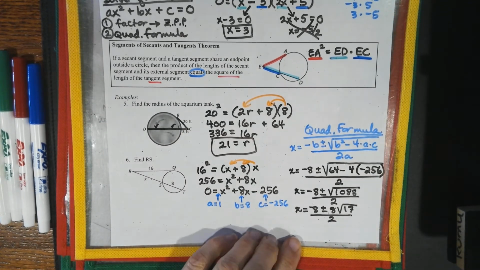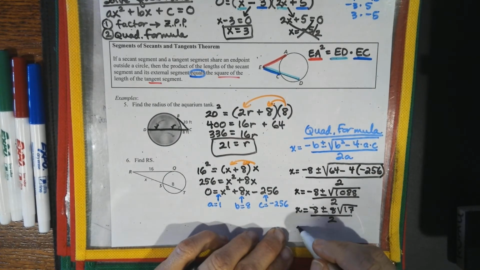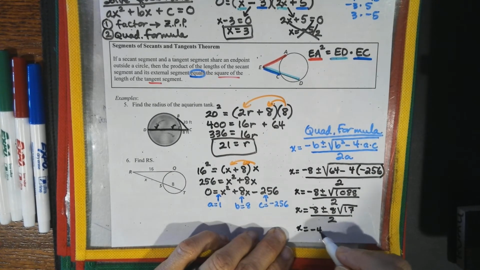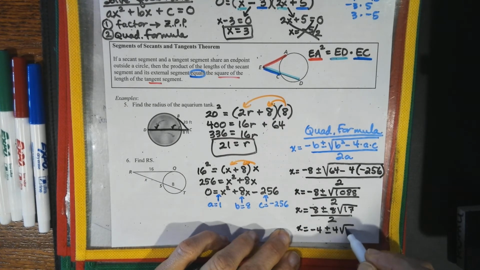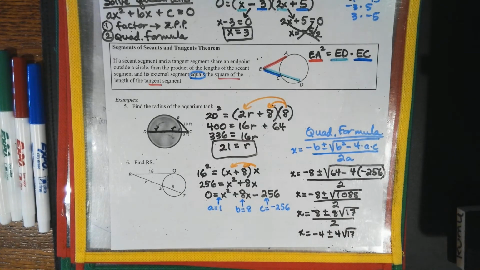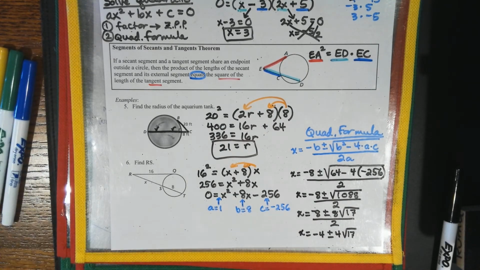And I would reduce by dividing this 2 into both of the 8's. So x is equal to negative 4 plus or minus 4 times the root of 17. It's not pretty. That's why you can't factor it, though.